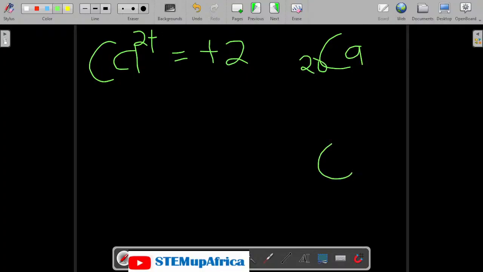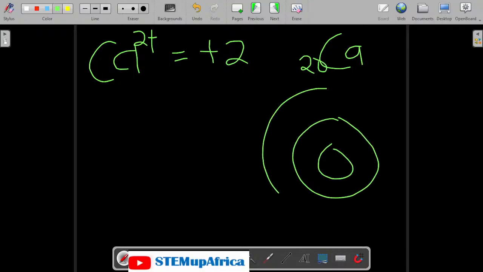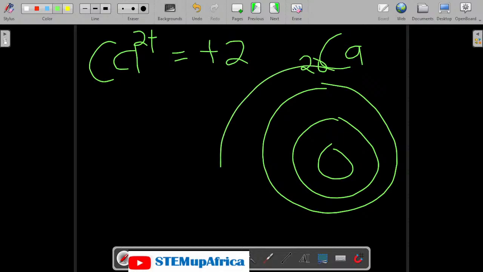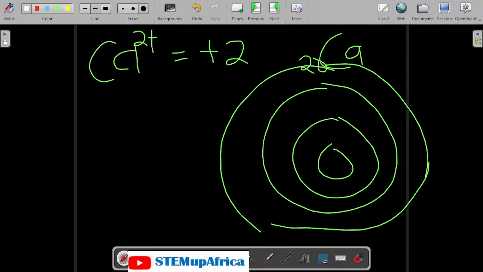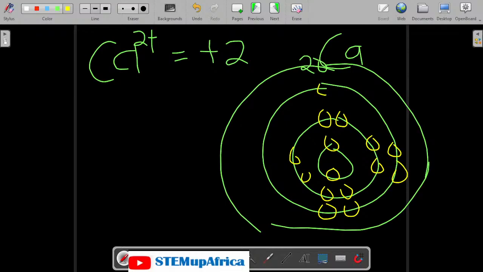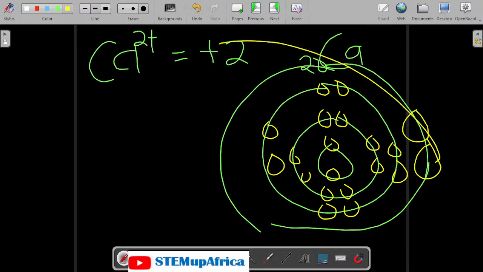If I arrange it around the atomic shells, the first electron shell must have 2 electrons, the second shell will have 8, the third shell will also have 8. If you count now, 2, 8, 8, that is 18, remaining 2 electrons. That's why calcium is plus 2.